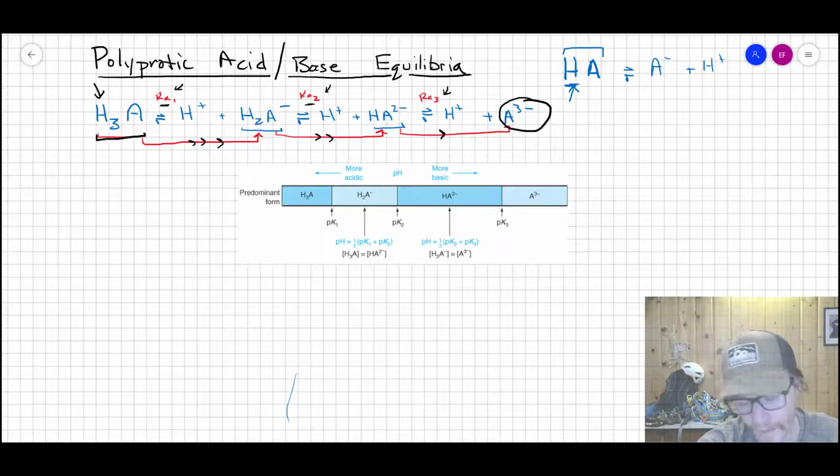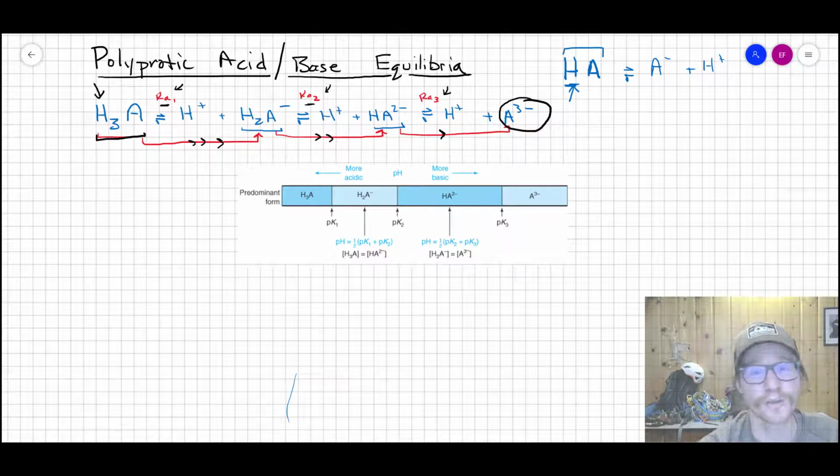That's why when people talk about the reversibility of reactions, I find that to be a bit of a misleading term because it implies to you that if you have something that's irreversible, that you have zero of whatever is on the other side of the reaction. That's not true. It's never true. You always have some amount. Irreversibility just means you have a very large K that favors one side or the other.